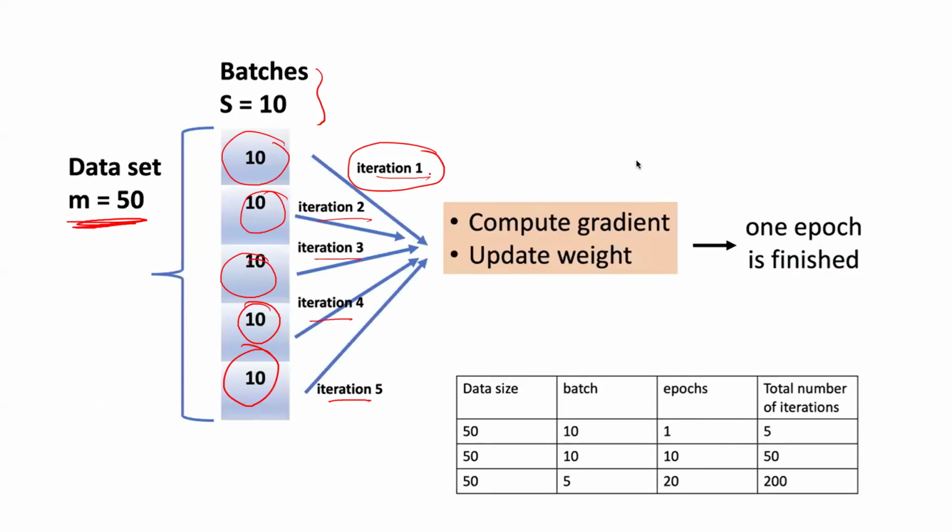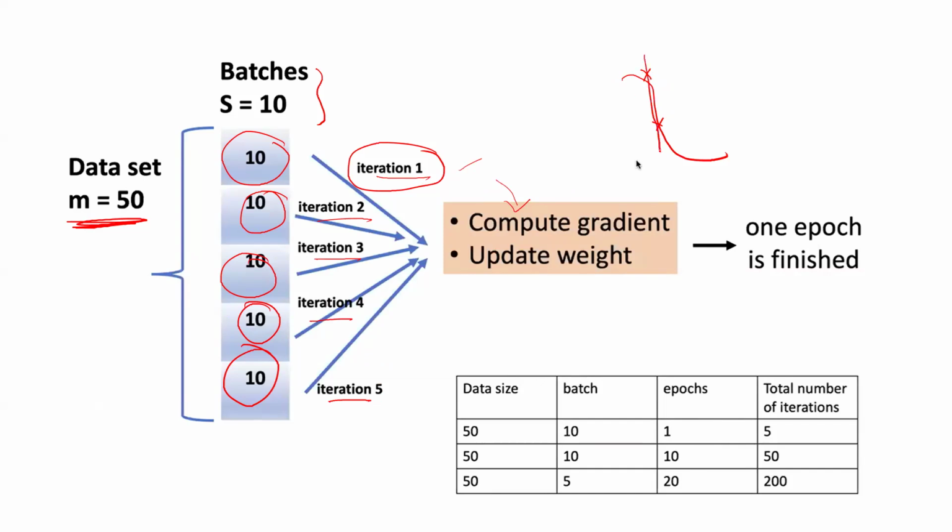Now for each iteration, what we are going to do is compute the gradient descent. Initially, with the batch of size 10, we apply the gradient descent. Then you go to the next batch, of size 10.